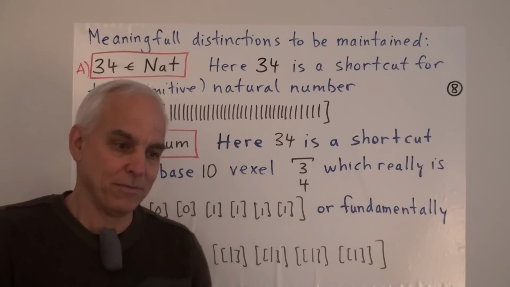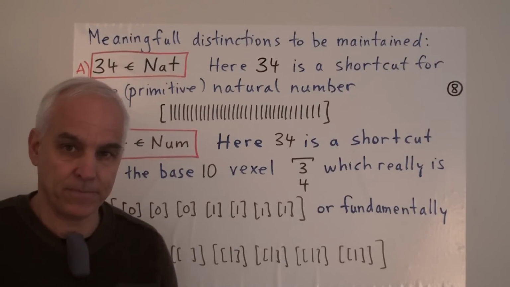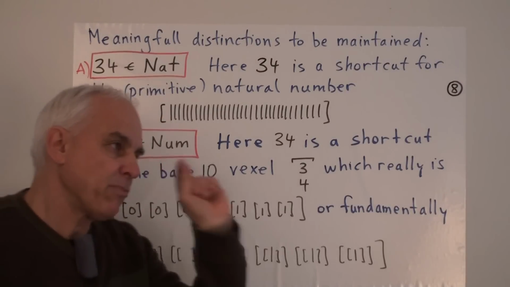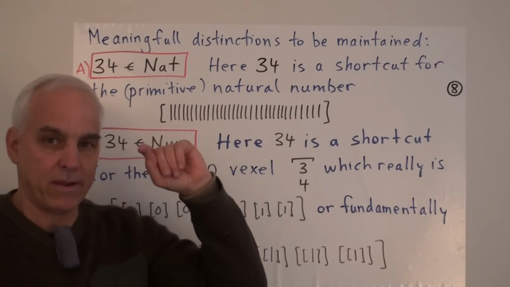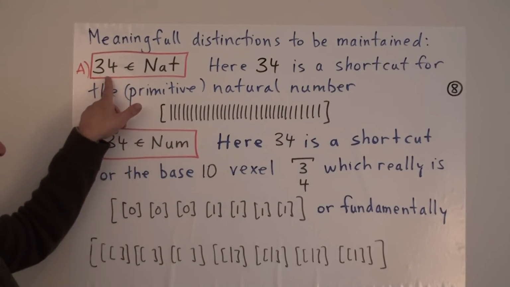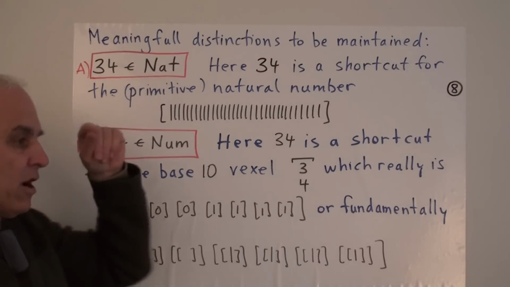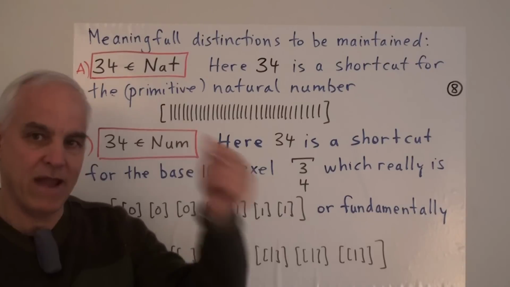Right? We do want to be able to talk about the natural number 34 and write something like this. So when we're expressing a primitive natural number by a Hindu Arabic expression, we're going to use this form. And this alerts us to the fact that we're actually thinking of a number which is of type primitive natural number.